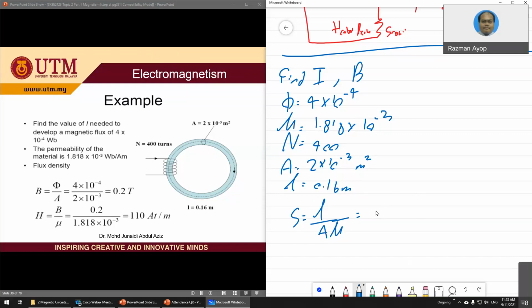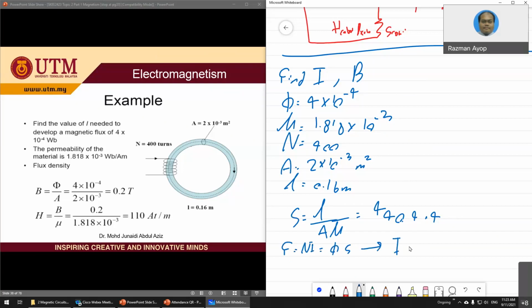So you get 4404.4. So the reluctance is 4404.4, and then you have to find the current. So F, remember, equals Ni, equals flux times S.